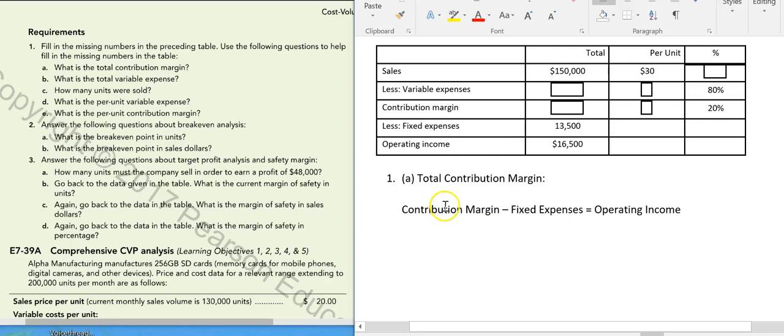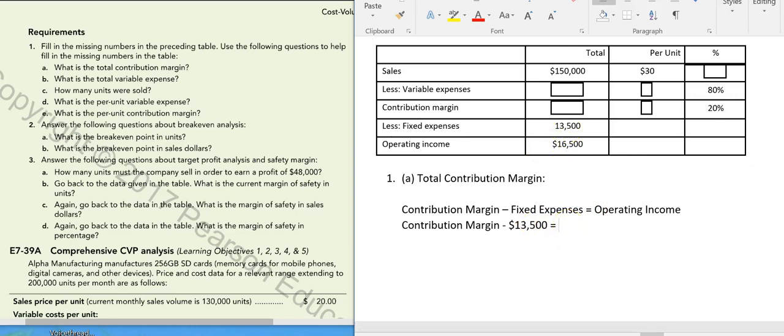Now we actually don't know how much our contribution margin is, but we know our fixed expenses and operating income. So we fill in the other information and we can figure out our contribution margin. So contribution margin minus fixed expenses, which is 13,500.